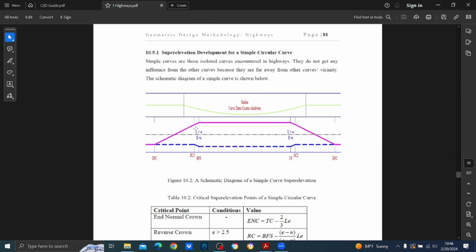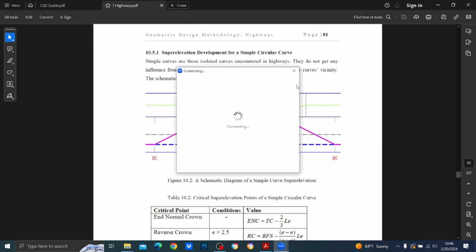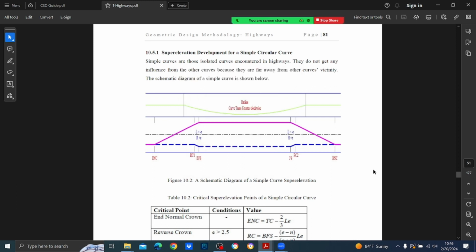Say this is a super elevation development. This is how it goes. Now it is minus 2.5.